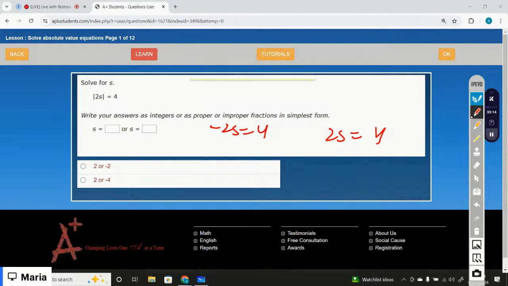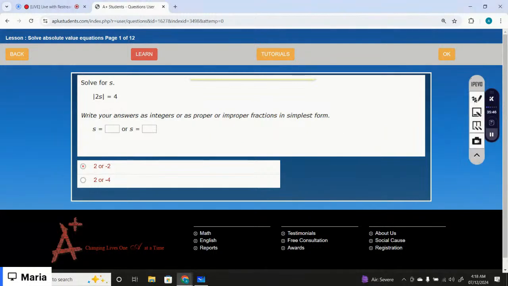So which is the correct option? That is 2 or negative 2. Option number 1 is the correct option.